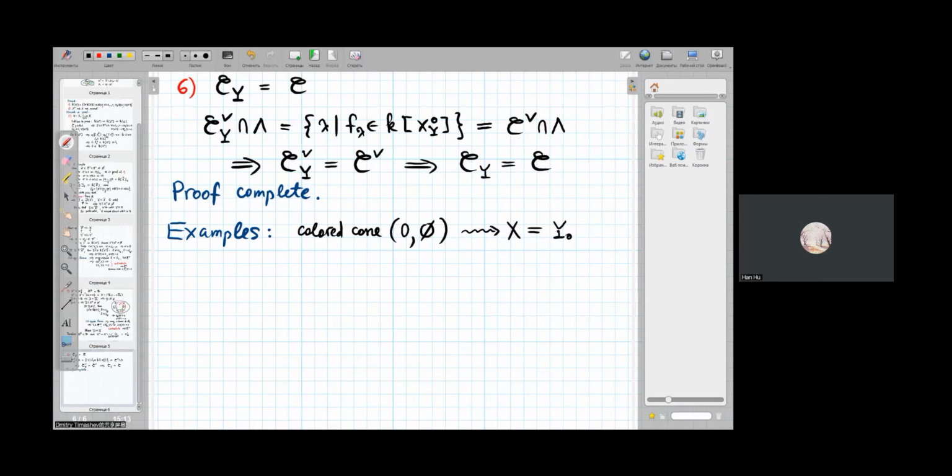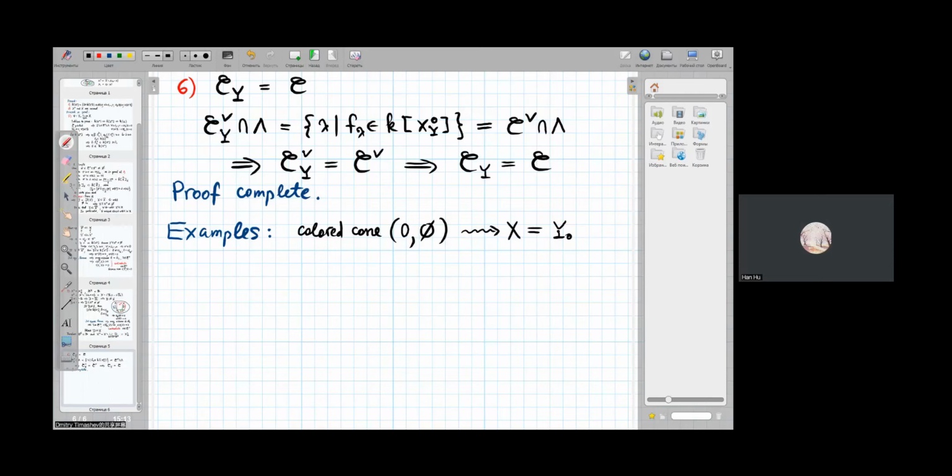It is easier to explain the reverse construction. So if X is equal to Y naught, then X is a single orbit, and there are no G-stable divisors on X containing this orbit, because this orbit is the whole X, and any divisor is smaller than X. So since there are no G-stable divisors containing this single orbit Y naught, then the respective sets V over Y and D over Y are empty.